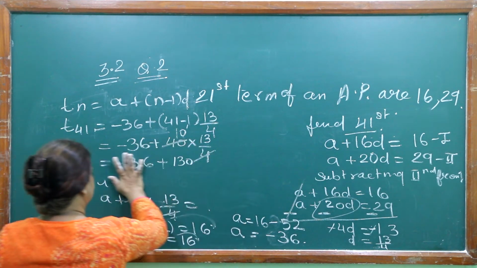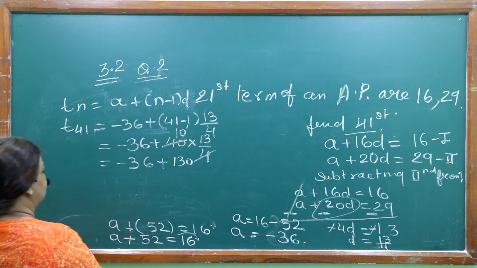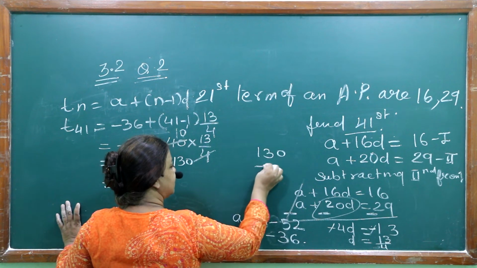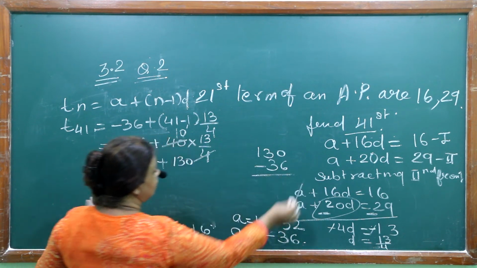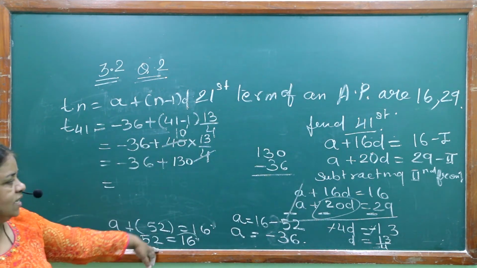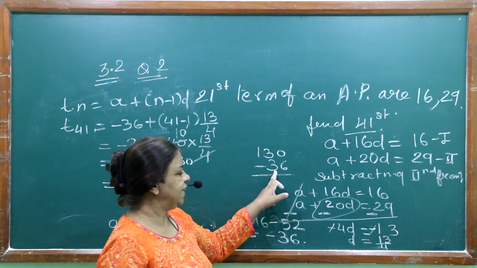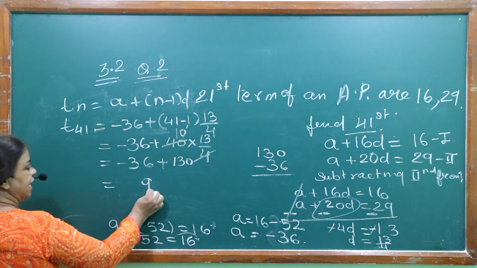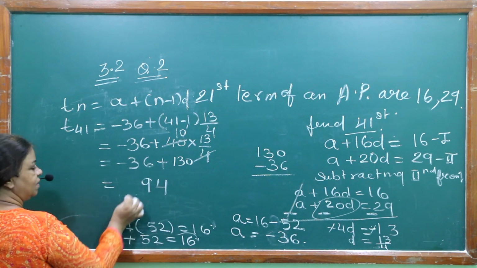Now 130 minus 36, children, it is so simple. 130 minus 36, 30 gone, out of 106, 94. So it will be 94. Sign of greater number plus.